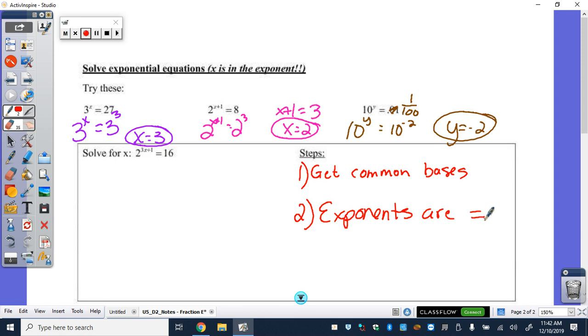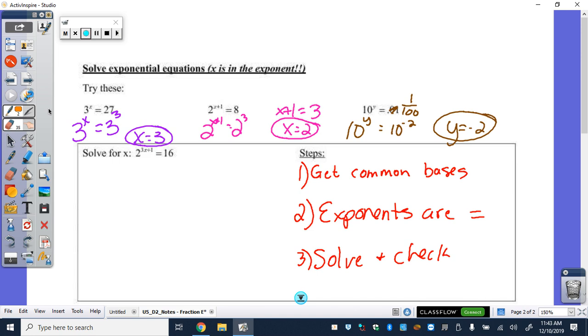Once you have that, your exponents are equal, so you're going to actually set them equal to each other. And then we solve and check.